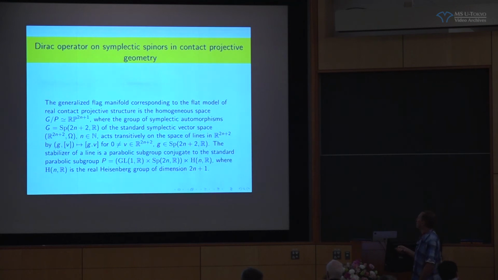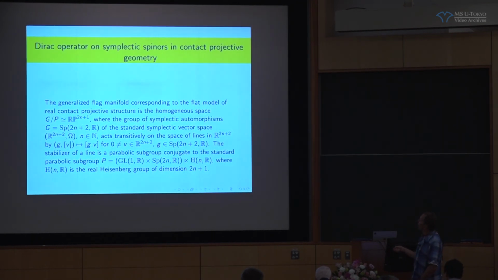So this geometry is based on the corresponding generalized flag manifold. This is the notation for the Dynkin diagram. That's how it's defined. Geometrically, the generalized flag manifold that describes the so-called contact, or flat, model of the contact projective structure is the homogeneous space G over P, which is again isomorphic to odd-dimensional real projective space.